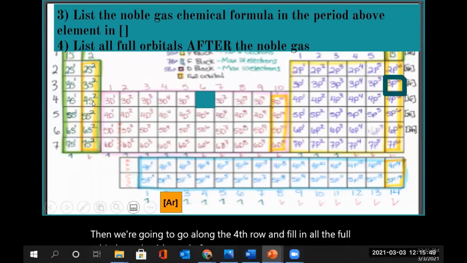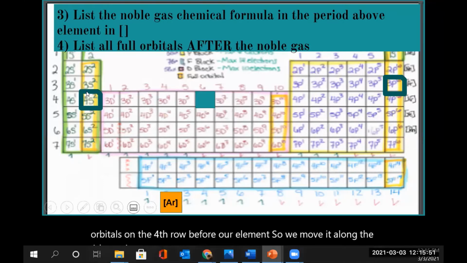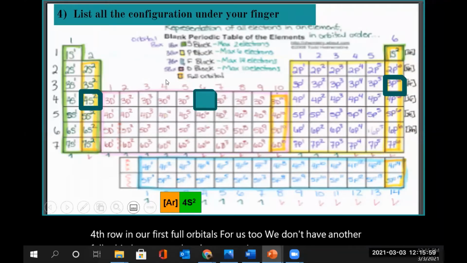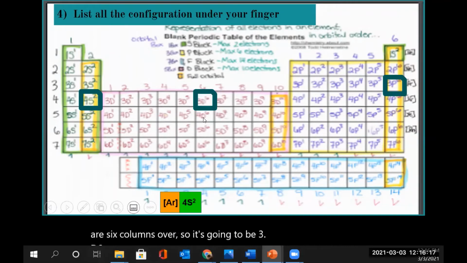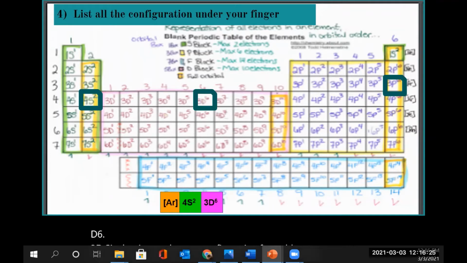Our first full orbital is 4s2. We don't have another full orbital, so we recognize that iron's in the D block, so its quantum number is row minus 1, so D starts at 3, so it's going to be 3d. We are 6 columns over, so it's 3d6. That is our noble gas configuration: argon 4s2 3d6.